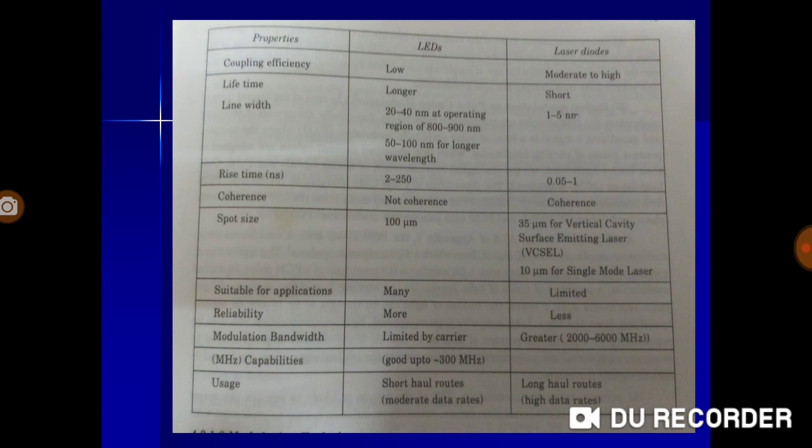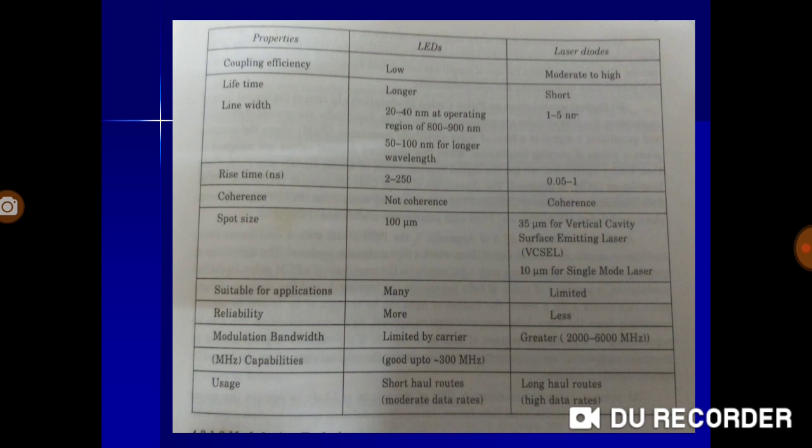Modulation bandwidth: for LEDs the modulation is limited by the carrier, but for laser diodes the modulation bandwidth is huge. It is 2000 to 6000 megahertz. The range of operation in terms of frequencies: LEDs are good up to 300 megahertz, and obviously for laser diodes there is unlimited range.